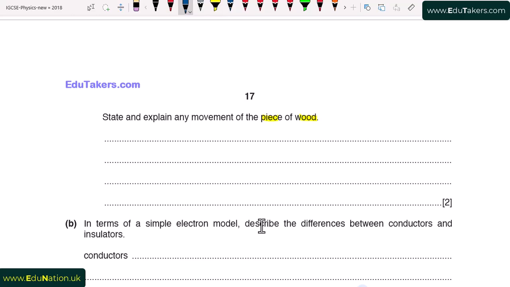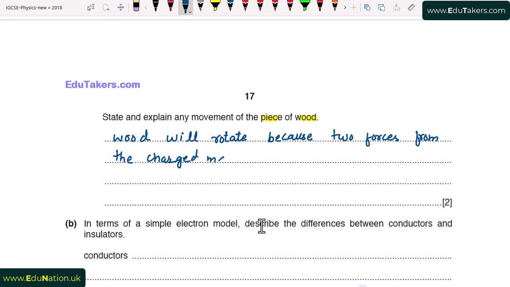I write here, wood will rotate because two forces from the charged material create a turning effect.